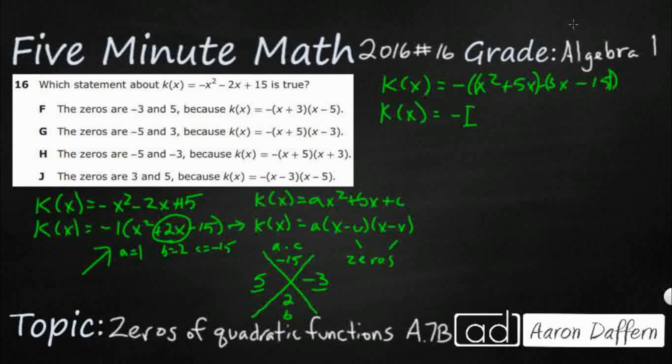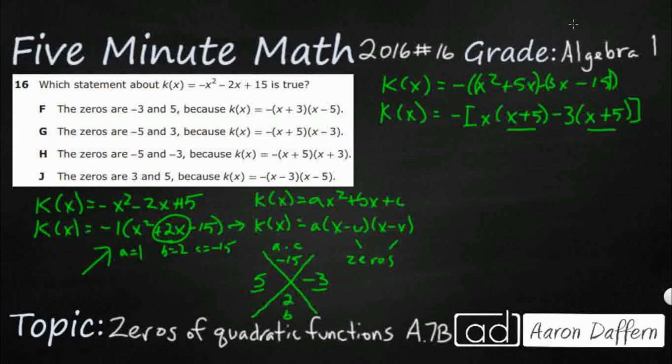The only common factor is x, which leaves me with x plus 5. Then, what can I take out of negative 3x minus 15? I can take out a minus 3, and that leaves me with x plus 5. If you're thinking, I just wrote x plus 5 twice, you're right. That's what I'm looking for, a common factor.